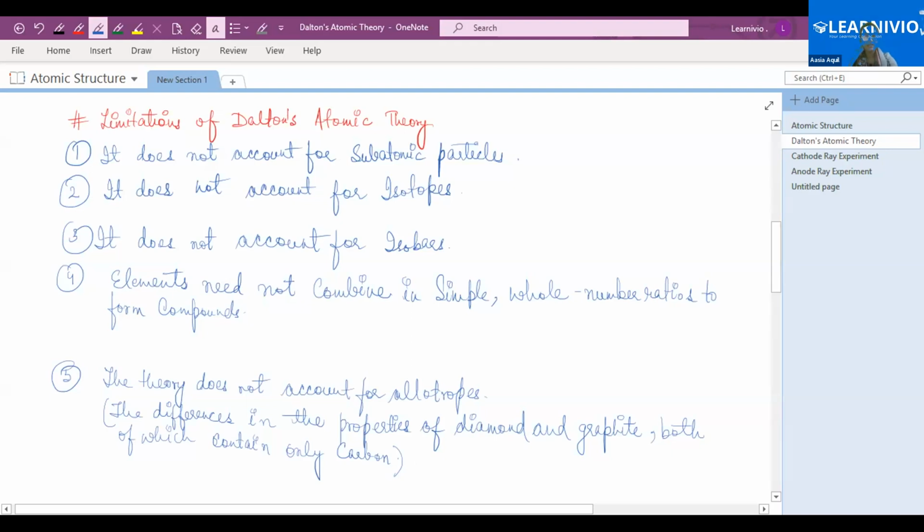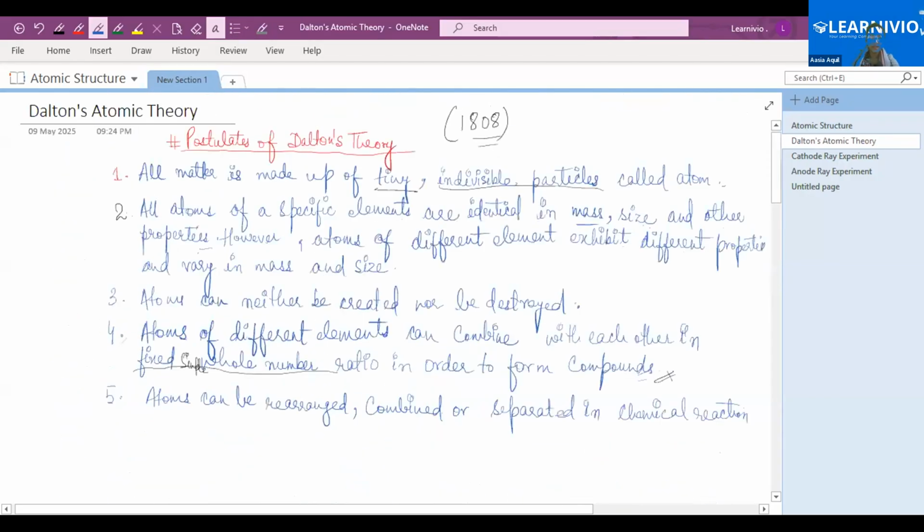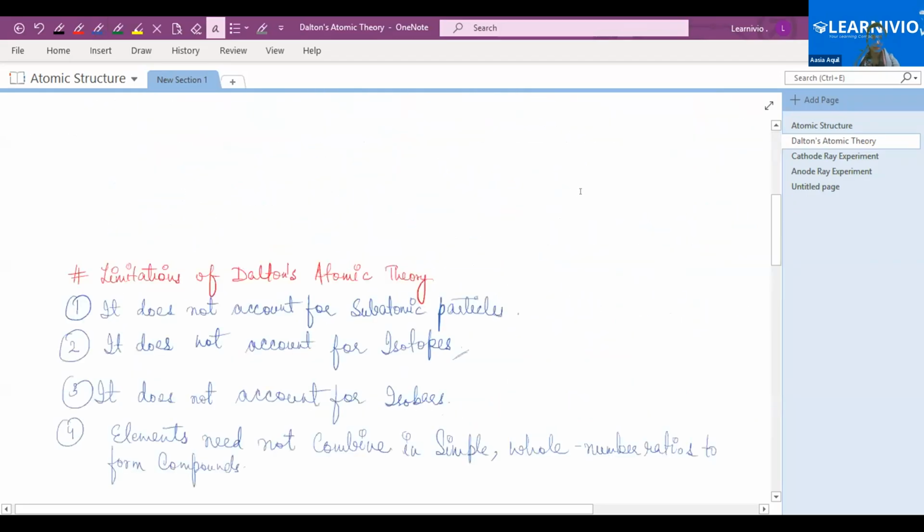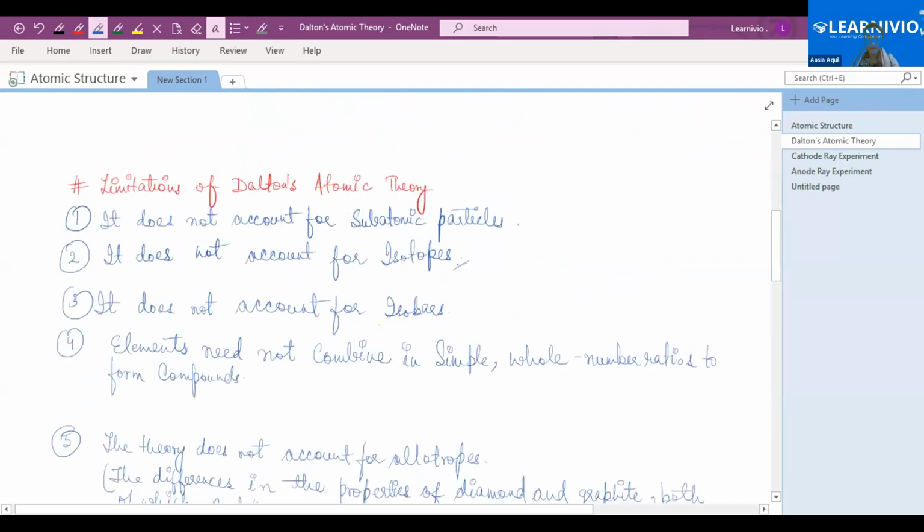Second limitation was that it doesn't account for the isotopes, right? Now see the second point. He said that atoms of a specific element are identical in mass, right? But it is possible for an atom that its atomic mass is different.